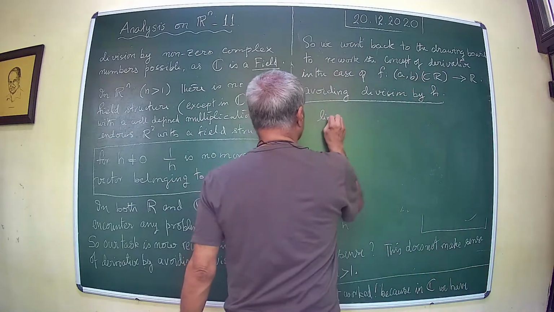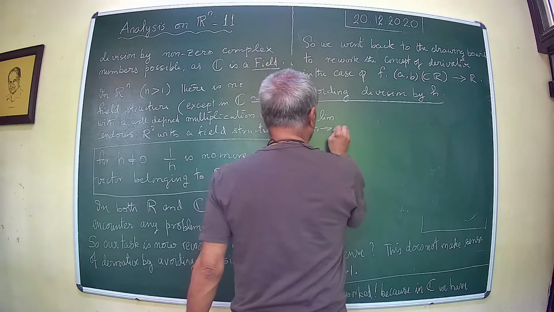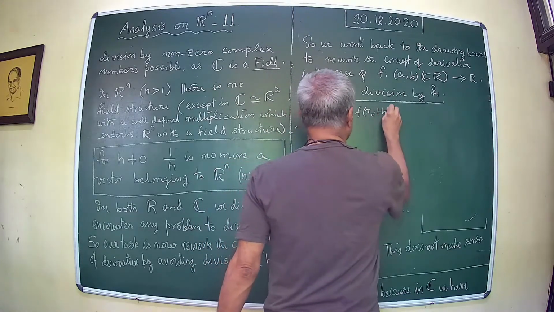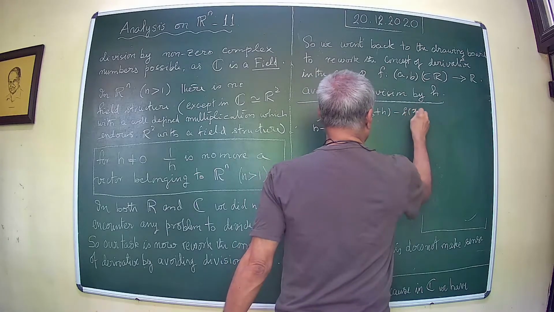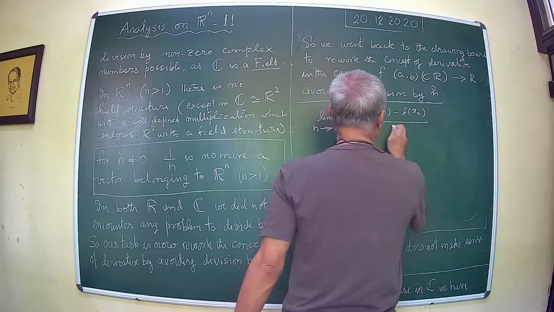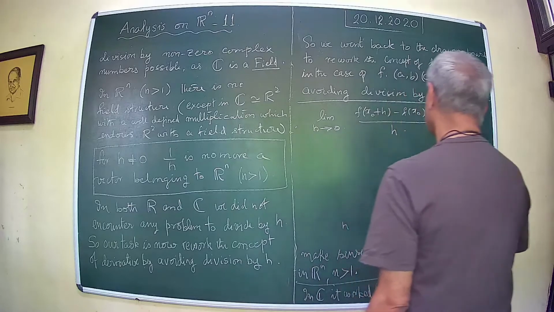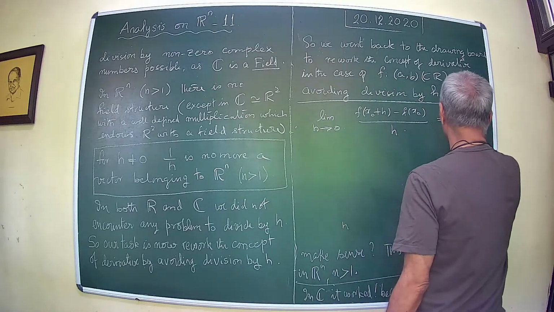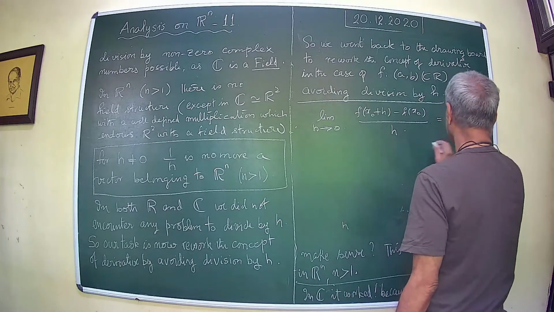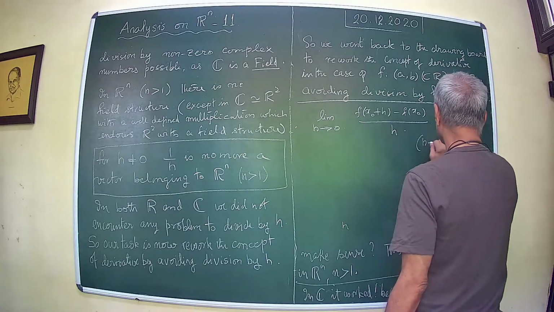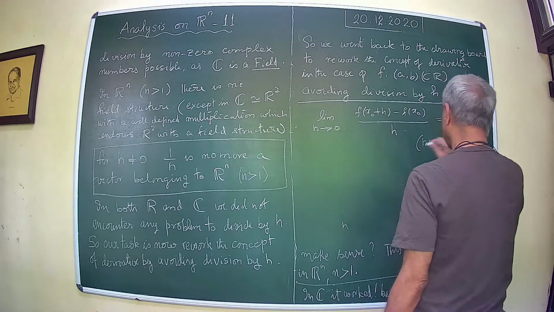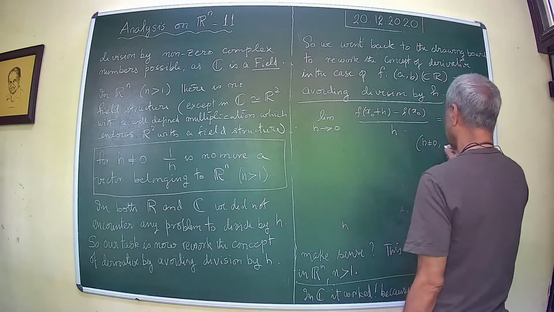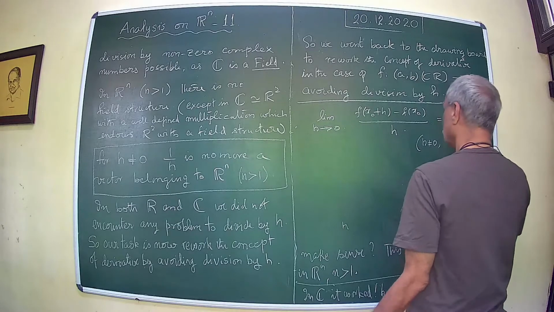limit h tending to 0 of f of x naught plus h minus f of x naught divided by h equal to f derivative at x naught, where h is not equal to 0, and then we know that h goes to 0.